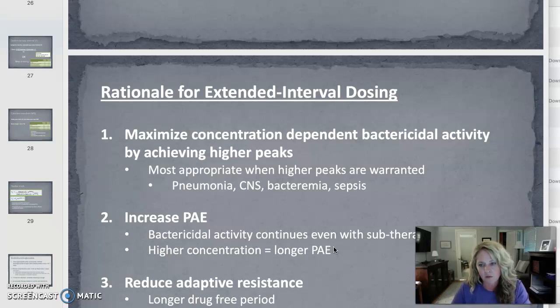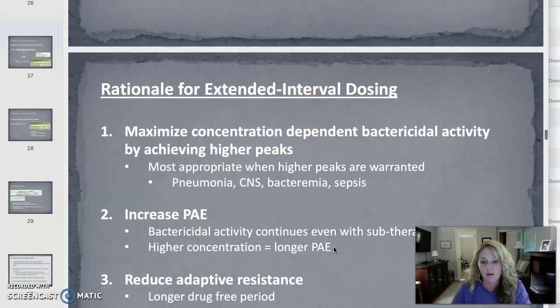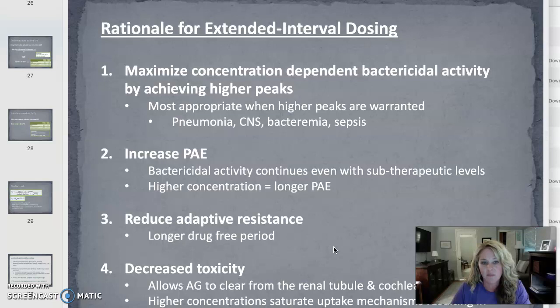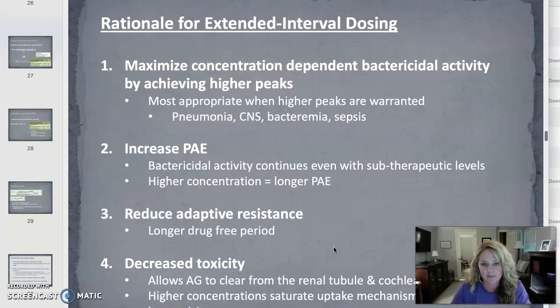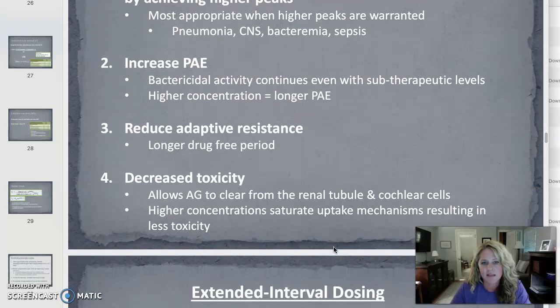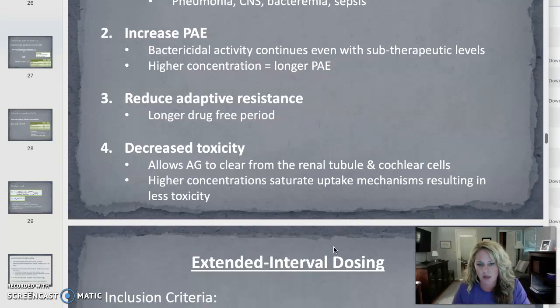So even when that level drops off below detectable, it's still going to be working because of that post-antibiotic effect. Okay, so the thought process is that this is going to help decrease resistance, it's going to maximize that concentration, and it's going to decrease toxicity because we'll have a period there where there is no detectable amount of drug.